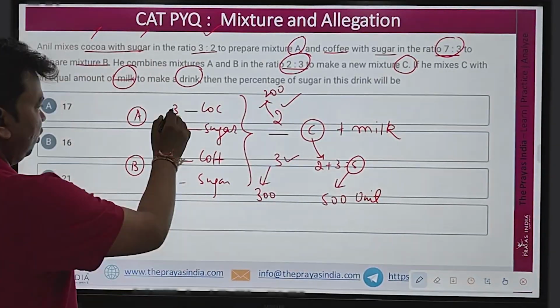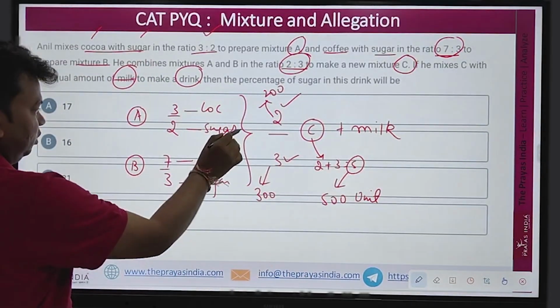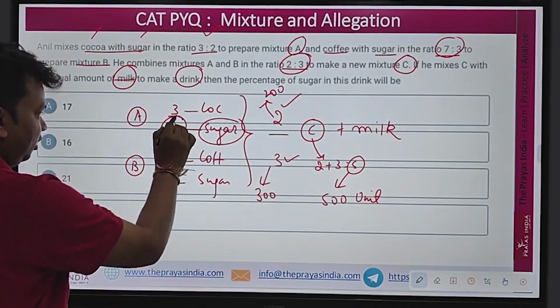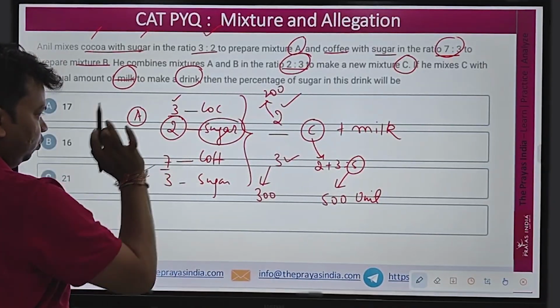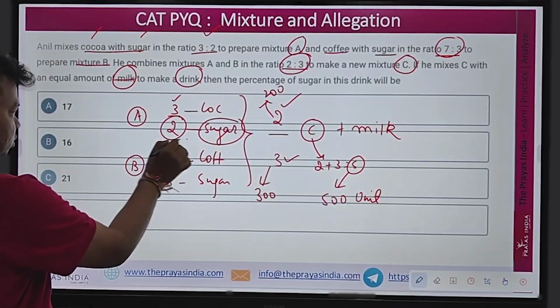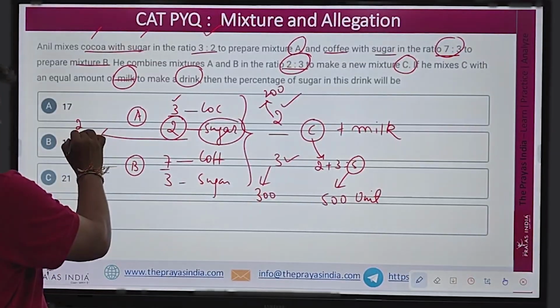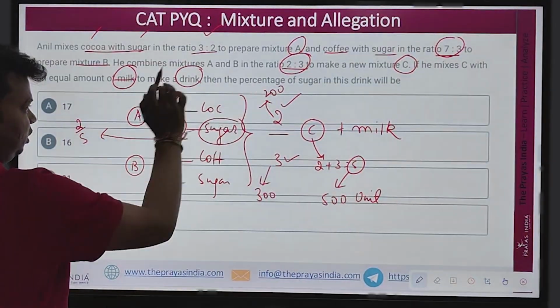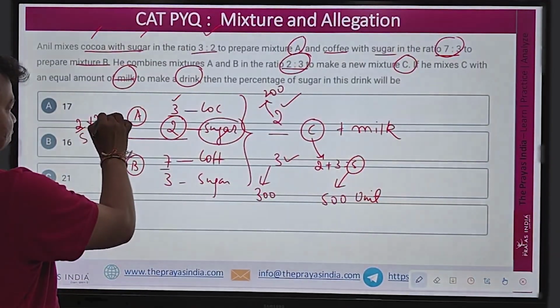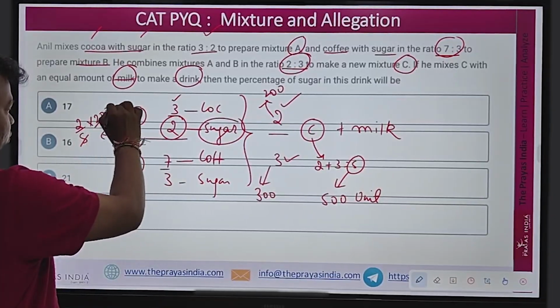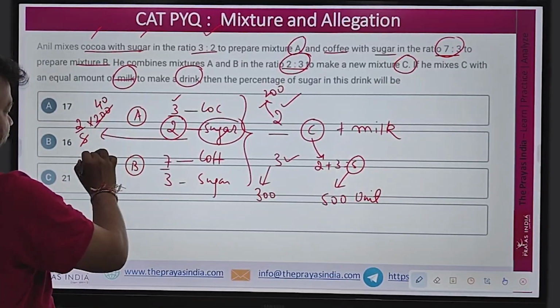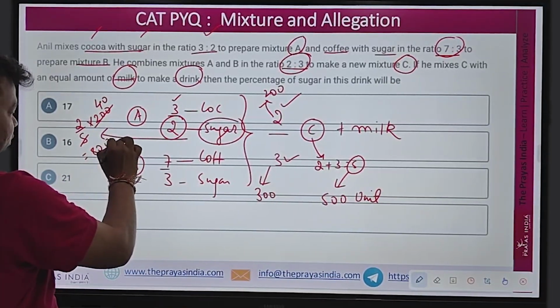Now in A, what is sugar? Sugar is 2 parts out of 3 plus 2, 5 parts. So the sugar is going to be 2 out of 5, and the total A is 200. Multiplying by 200, it is going to be 40 into 2, 80 units.